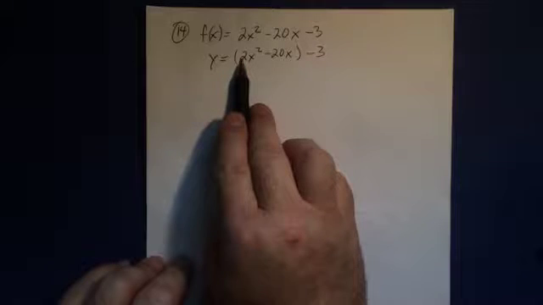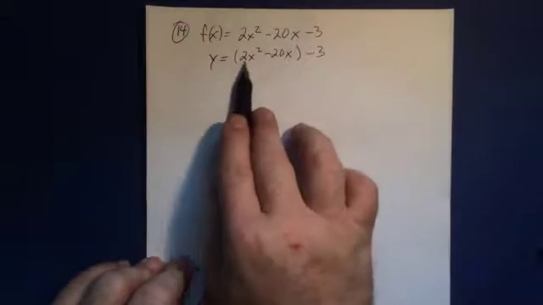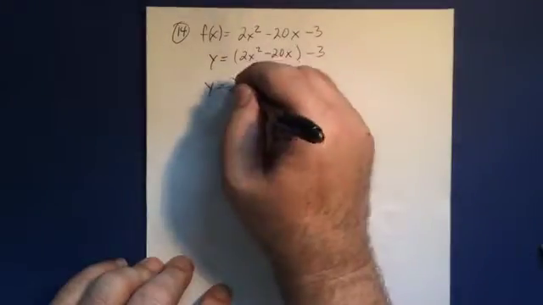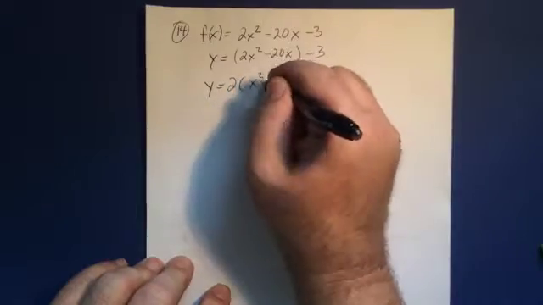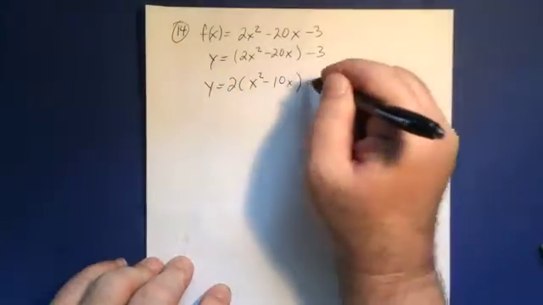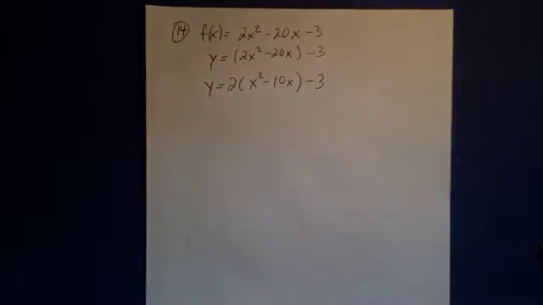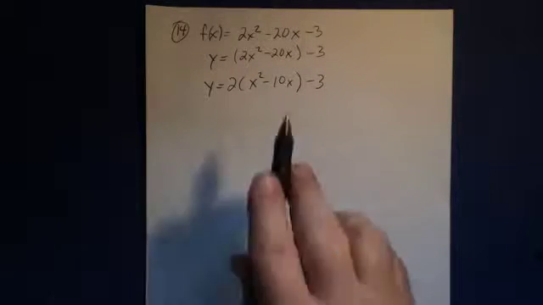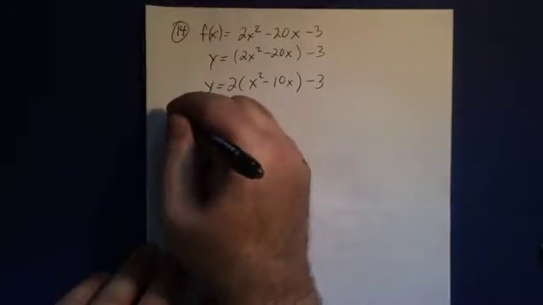Next, I see that my value of a on ax squared is greater than 1. So I have to factor a out from this. So that's going to give me y is equal to 2 times x squared minus 10x, minus 3. Now, once I do this, I can take the value of b on the inside, which is negative 10.